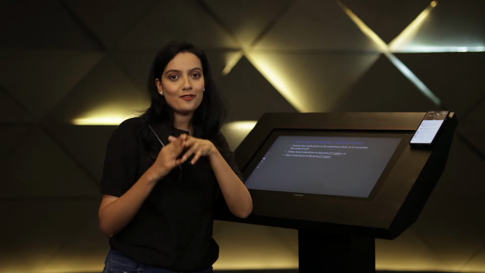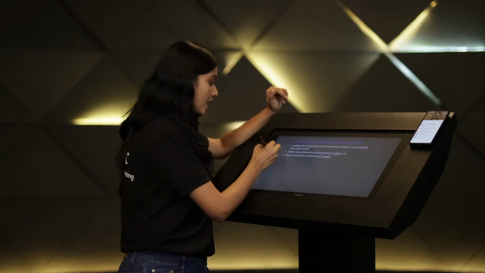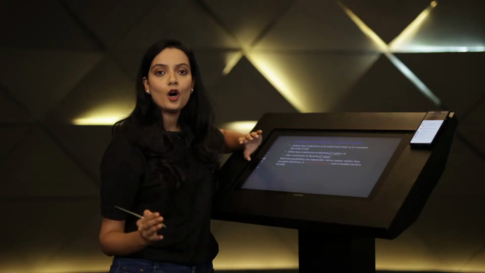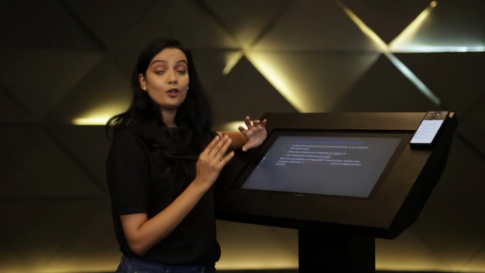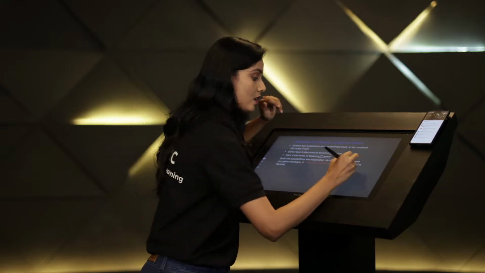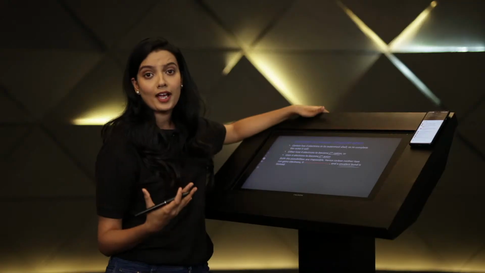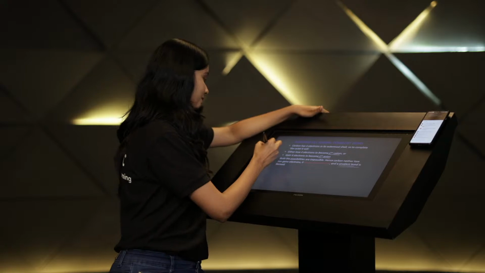So carbon finds a midway: it shares its electrons with other atoms to complete its octet, and such a bond formed by the sharing of electrons is known as a covalent bond. Now let's look at some examples where a covalent bond is formed.